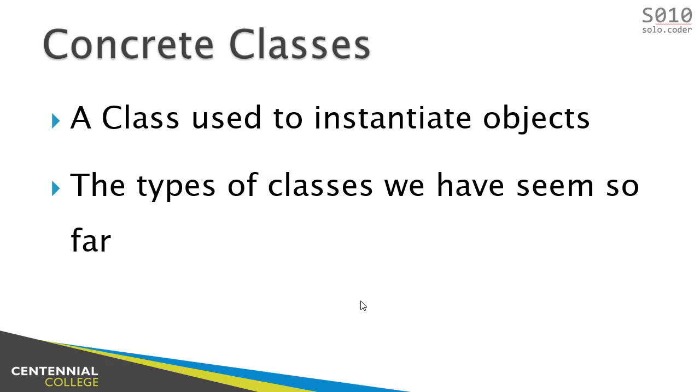Okay? Now, why am I bringing that up? Because we're going to see a non-concrete class, which is called an abstract class, which is the opposite of a concrete class. With an abstract class, you cannot create objects from that class. You can only declare it. You can have other classes inheriting from it, but you cannot create objects from it.